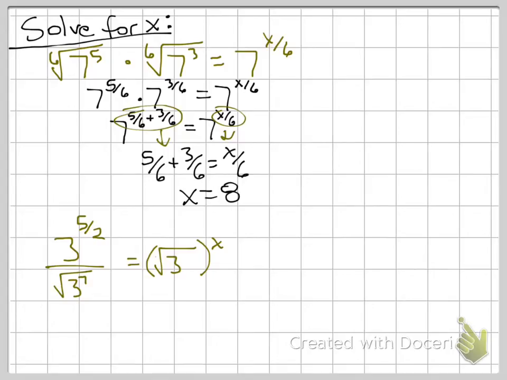So, next one. I'm going to write the left-hand side as what? We'll start it. 3 to the 5 over 2. Let's do this. Times. Is that correct? I'll rephrase that. That's not correct.